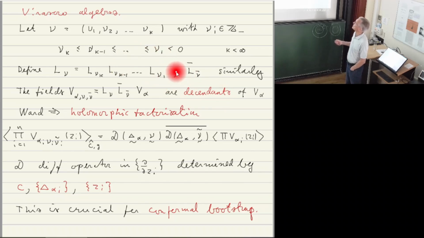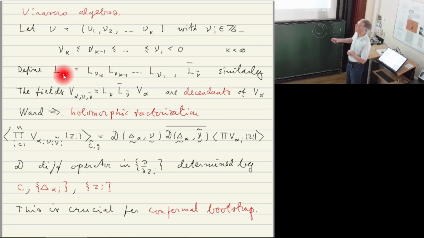Now you can do it many times. I can do it once, twice, three times, etc. And if I do it in some order, remember only the negative ones were interesting. So let's take these negative ones. Take numbers, k of them, k is arbitrary, and put them in some increasing order.